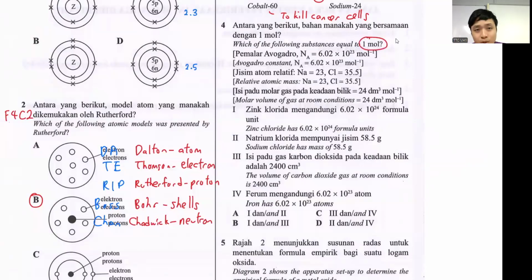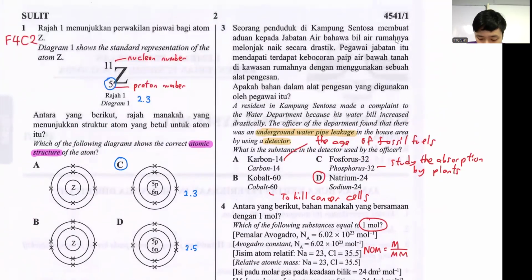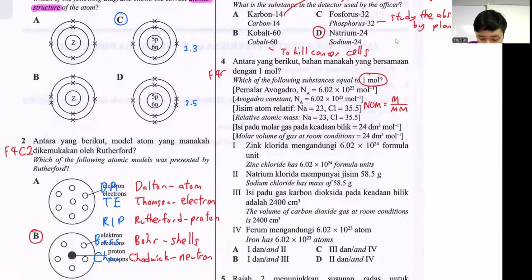So of course you have to use the formulas. The number of moles equals mass over molar mass. By the way, question 3 is also Form 4 Chapter 2. Question 4 is Form 4 Chapter 3. So mass over molar mass, volume over molar volume, number of particles over Avogadro constant.